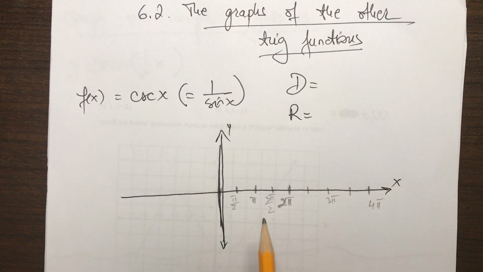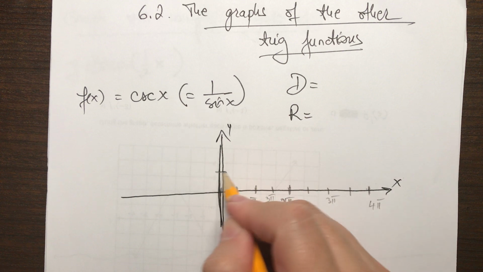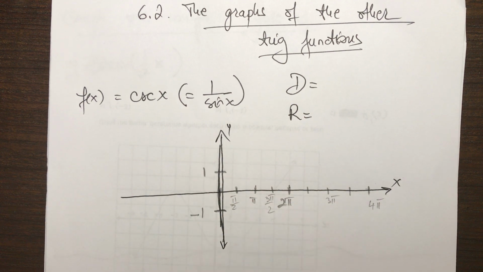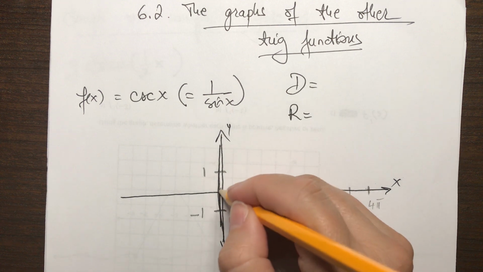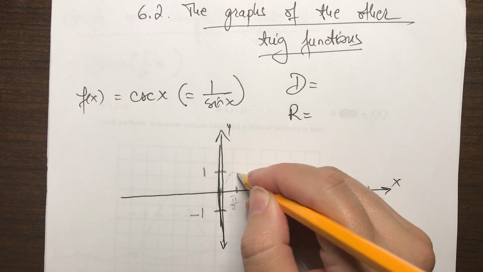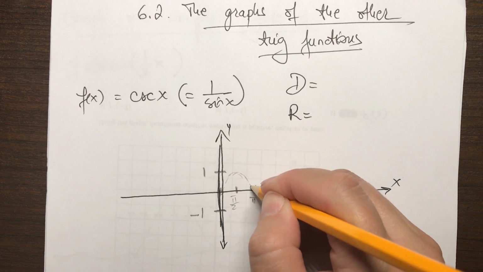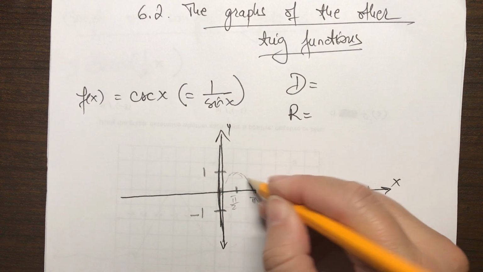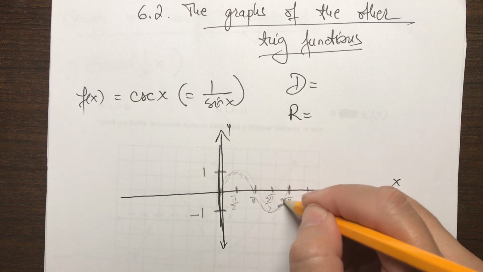So again, the first cycle shall be very well labeled, but after that, you don't have to label everything. And then, sure enough, the graph of sine goes as high as 1 and as low as -1. What does the sine look like? Goes up to 1, first quadrant, down to 0, back down to -1, back up at 0. So this is one loop of the sine function.